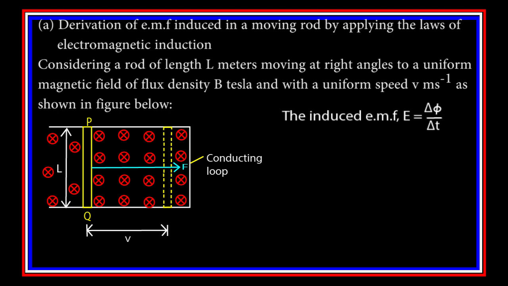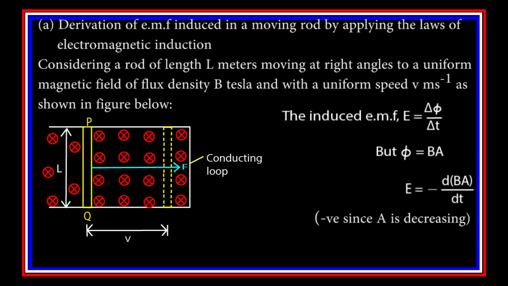From the laws of electromagnetic induction, the induced e.m.f, capital E, is equal to d phi dt, but phi is equal to BA. Substituting for phi with BA, induced e.m.f E is equal to negative dBA over dt. Negative because the area is reducing, is equal to negative B dA dt.